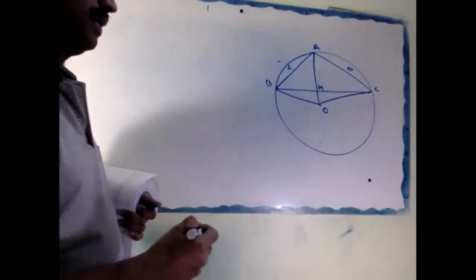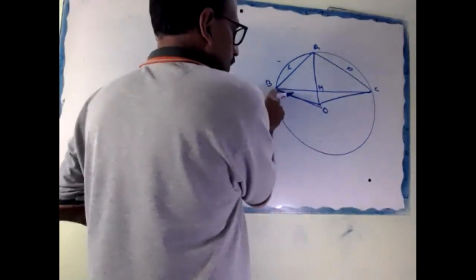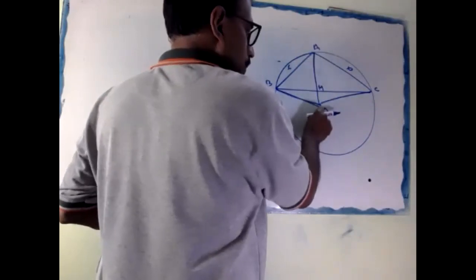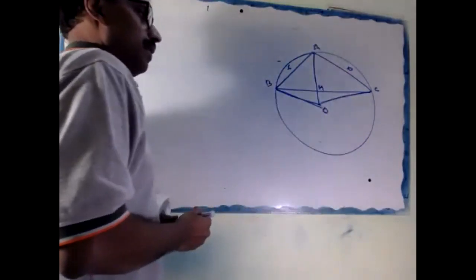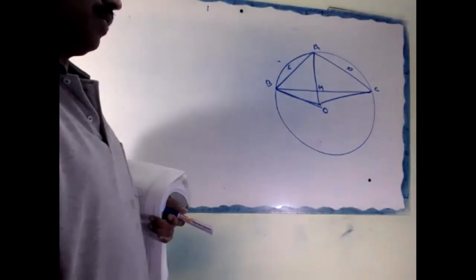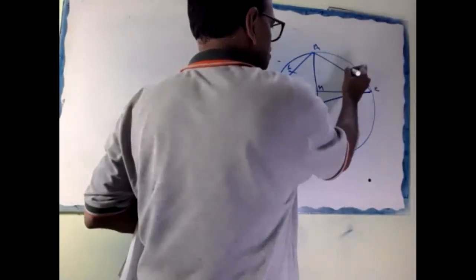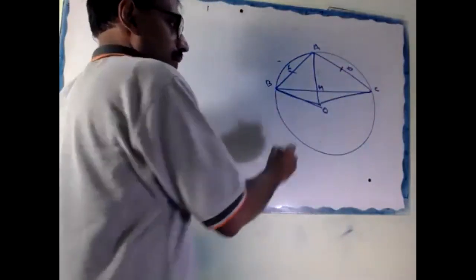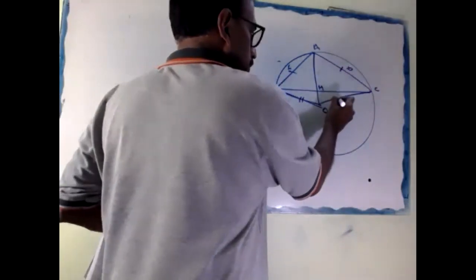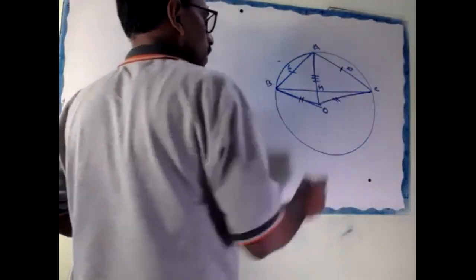Look here, in triangle BAO and CAO, BA equal to CA, given. OB equal to OC, radius. OA is common.